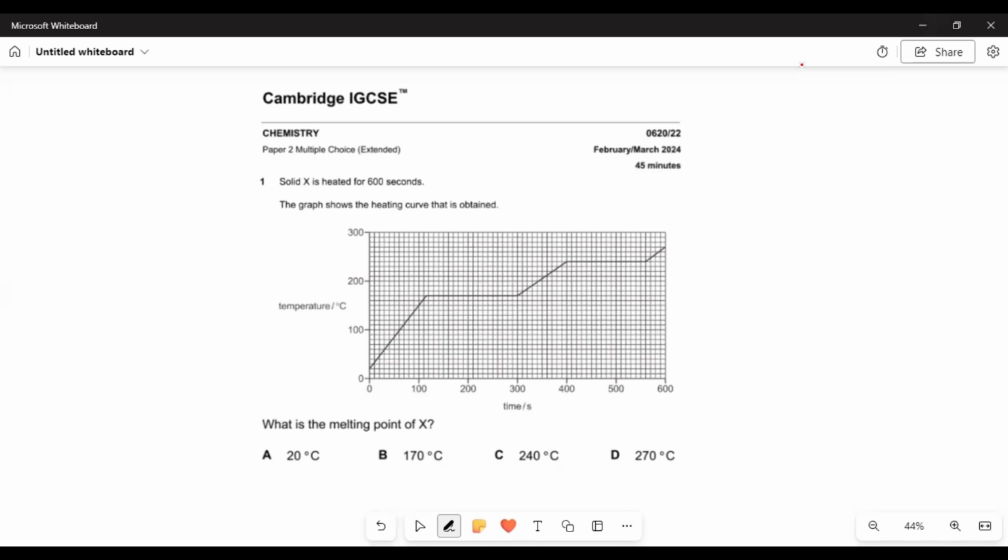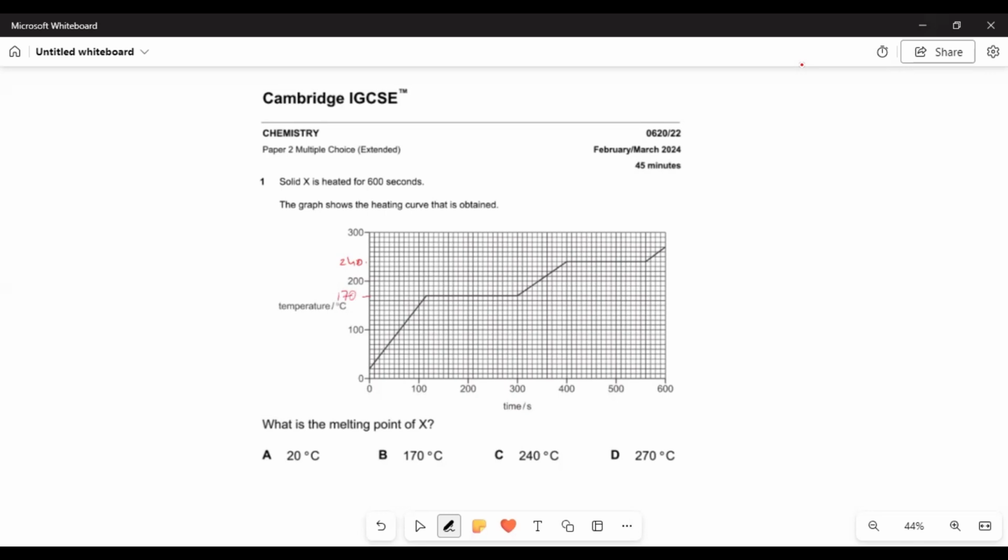Now, the kinetic energy of liquid particles is continuously increasing, until this point, which is about 240 degrees Celsius. And it was 170 degrees Celsius.